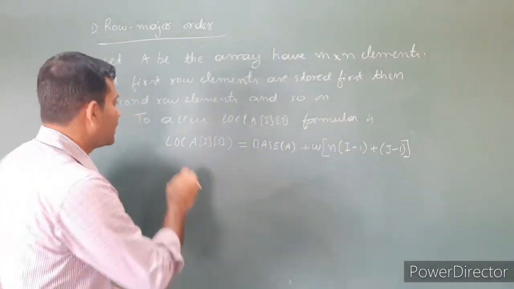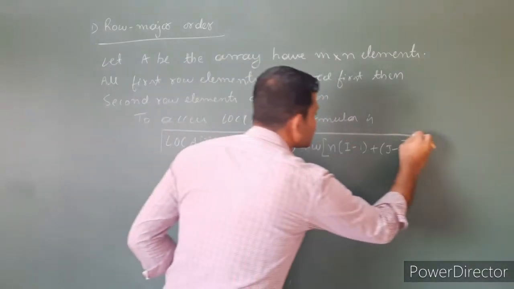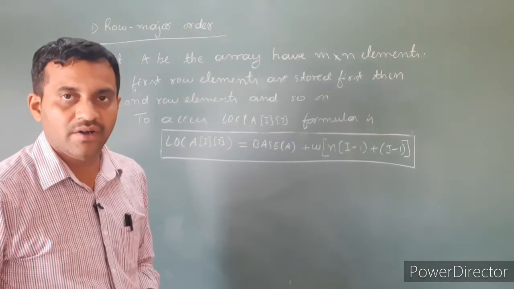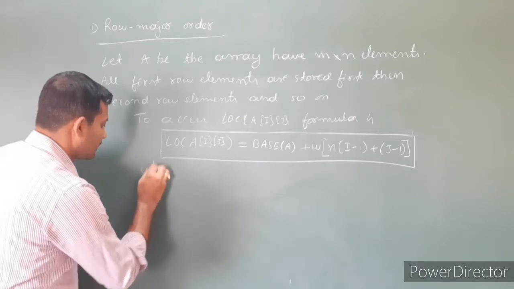So this is the formula to access the location of any element if it follows row major order.